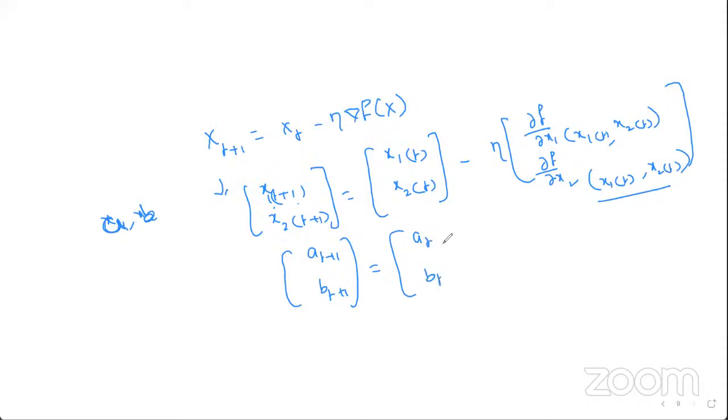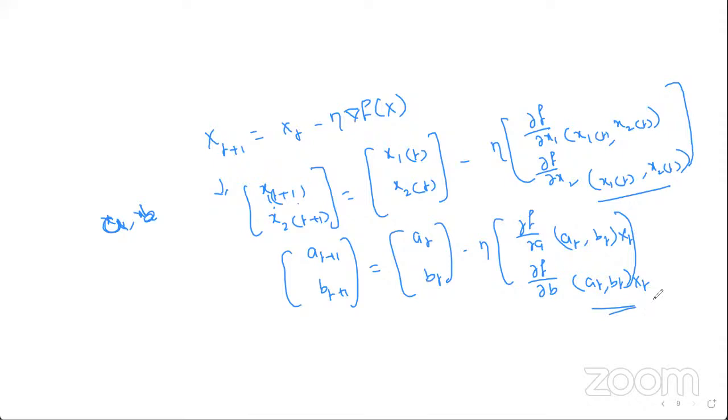At, Bt minus eta dou f by dou A, dou f by dou B at At, which basically means at a vector x, xt. Okay, clear?